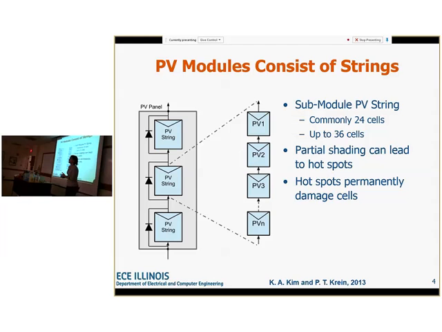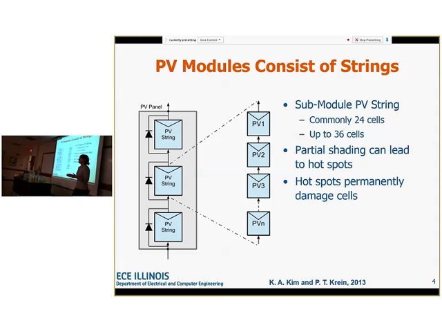So say we have that panel with 3 strings in it. Usually each string has 12 to 36 cells. The longer they are, the worse the hot spotting is likely to be. The most common length is about 24. The one I just showed had 3 strings, but they can have 4 strings, which is more common in some of the larger panels today.